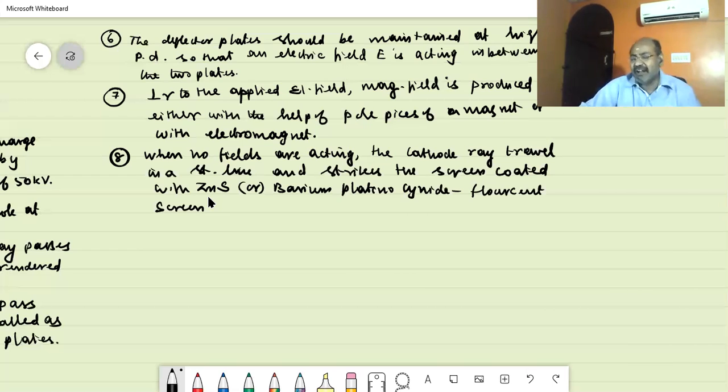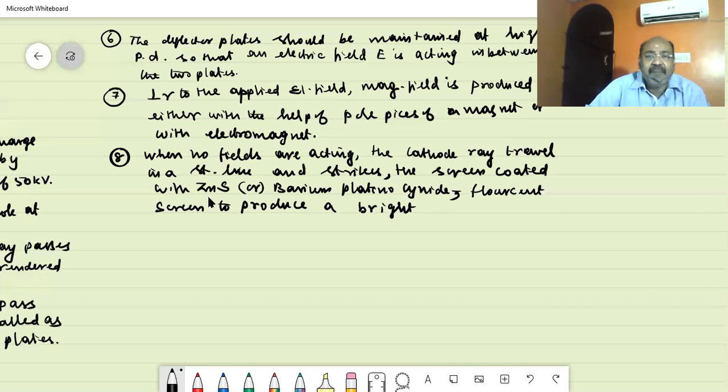So when no field is acting, the cathode ray travels in a straight line, strikes the fluorescent screen, so let us put a comma here. So strikes a fluorescent screen to produce a bright spot, or we can say to produce a bright spot at what? At the point O. So let us consider this as the description.